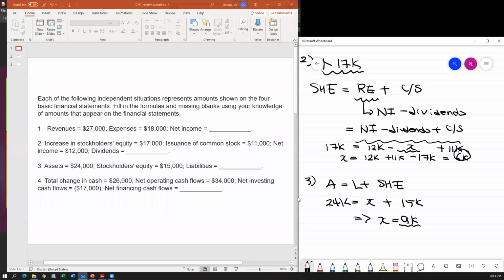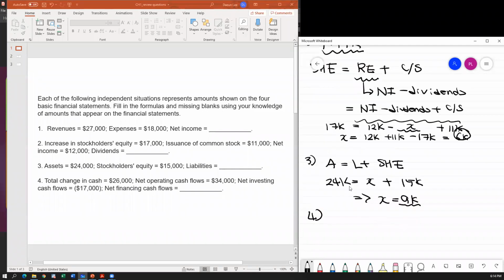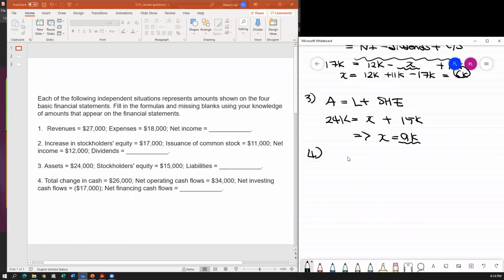Okay. So number 4, total change in cash is $26,000. Net operating cash flows, 34K. Net investing cash flows is 17K, but in parentheses. I want to go over just one thing. In accounting, when we want to indicate negative values, you can certainly use negative 17K to indicate a negative number.